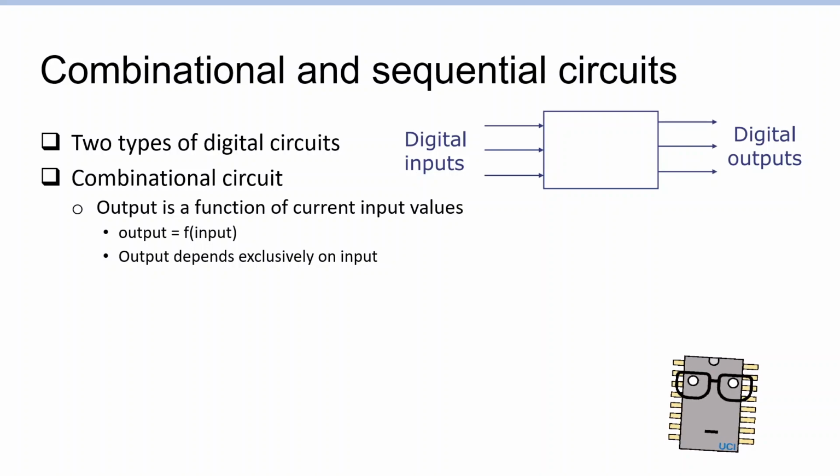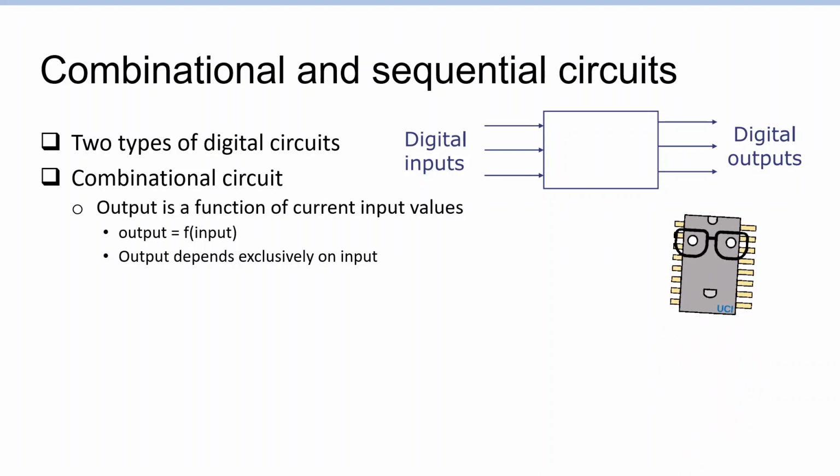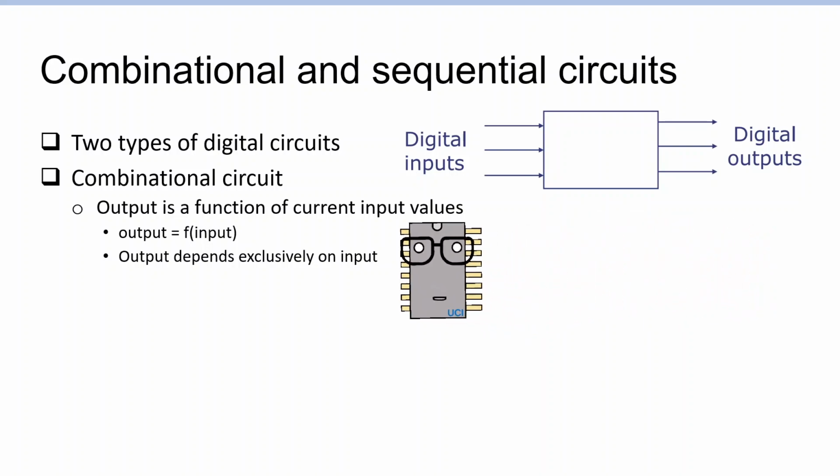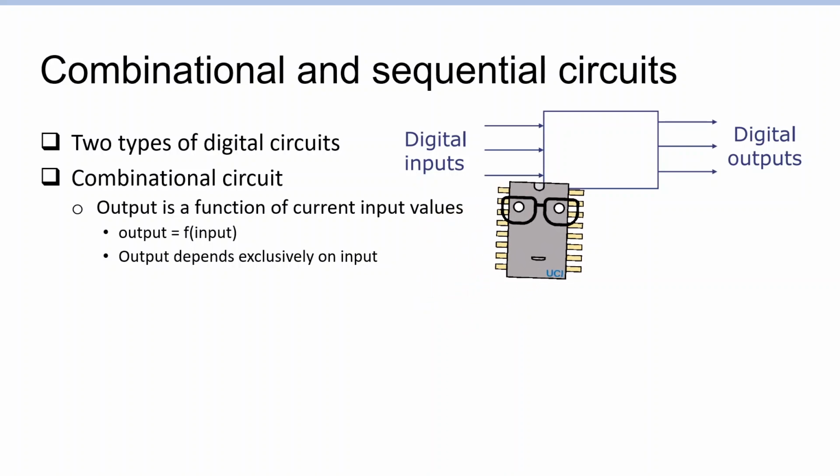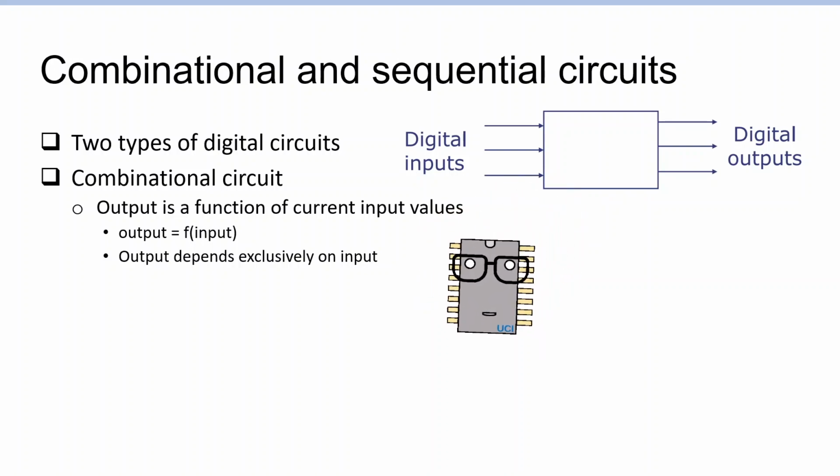A combinational circuit is like the one illustrated on the top here, where the output of a circuit is a function of current input values. So if there is input going into one end of the circuit, output is going to exclusively depend on that. It does not have memory of previous inputs. It does not have other inputs. The output is purely a function of the current inputs.